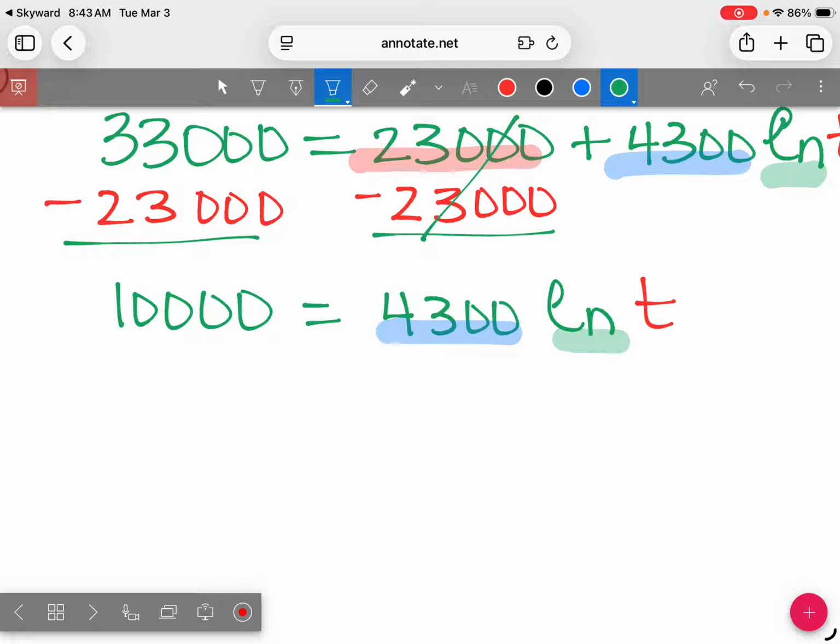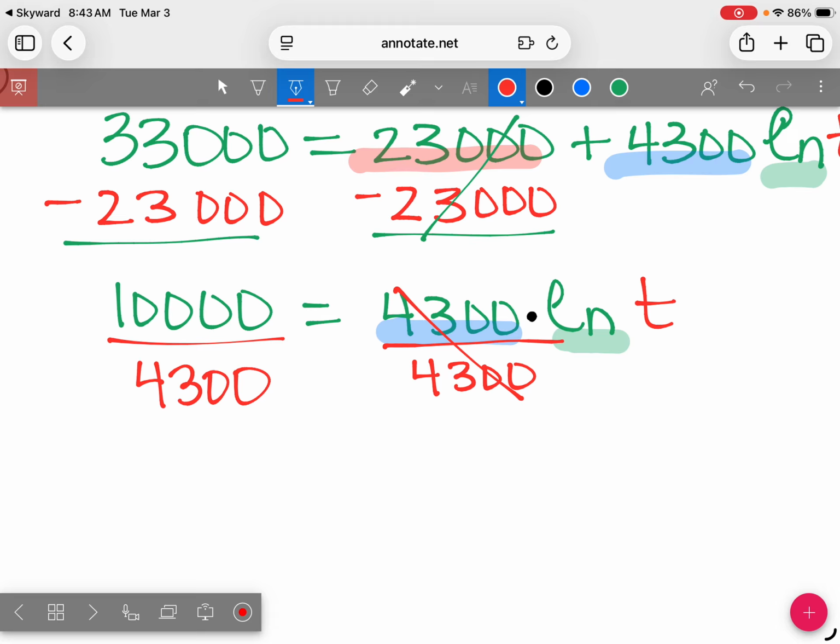How will I do that? Divide it. I heard somebody say it. It is division. It's division because these are being multiplied. The opposite of multiplying is dividing. So we're going to divide both sides by 4,300.